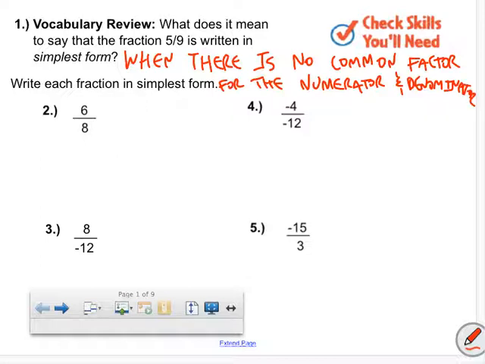Okay? Now, for number 2, who can walk me through number 2?